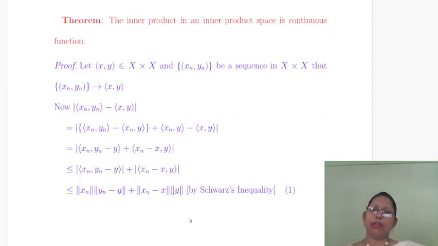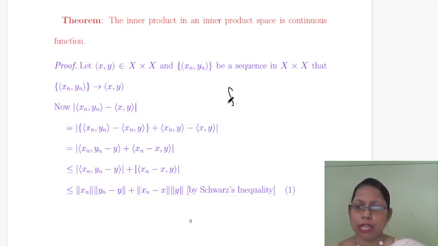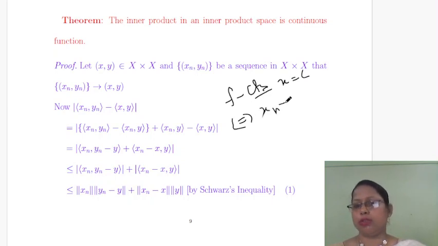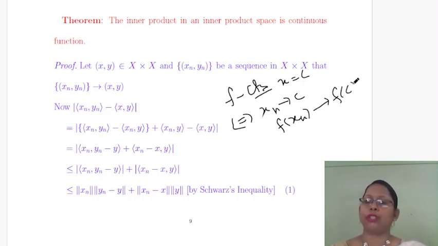Next, the inner product in an inner product space is a continuous function. How to prove this? We are going to prove it using sequential continuity. That is, f is continuous at the point x equal to c if and only if x_n converges to c implies f of x_n converges to f of c.